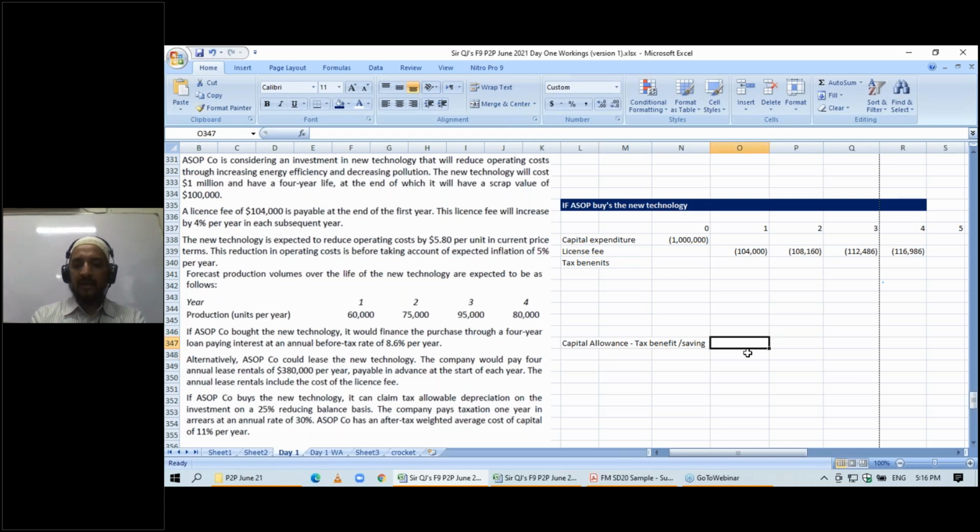So let me make a WDV column first, written down value column, and then the tax saving at 30%.